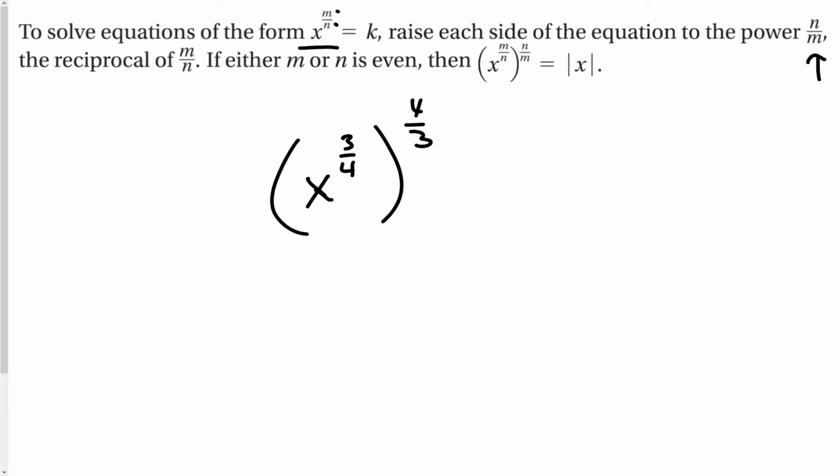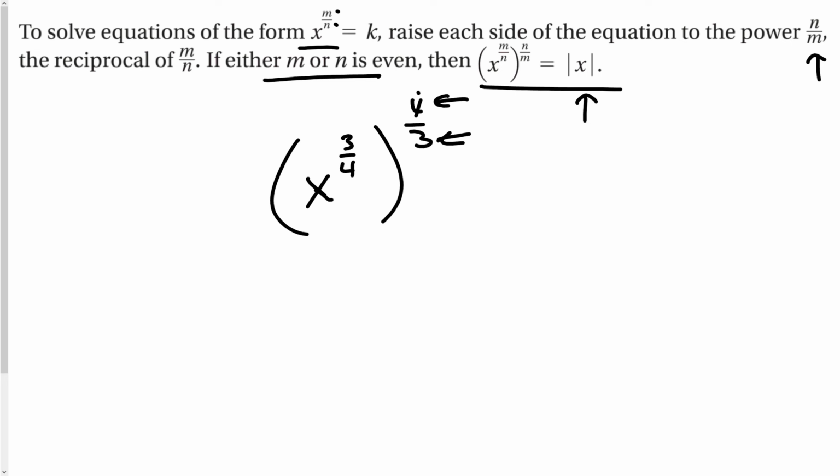However, if either one of these numbers, it doesn't matter which one, if either one is even, we have to do this. Because when we raise a negative number to the fourth power, that negative actually goes away. So there could possibly be two solutions to this.